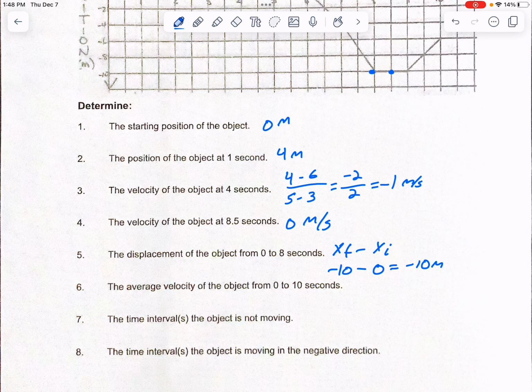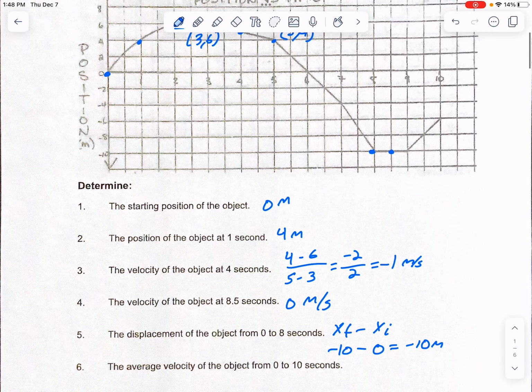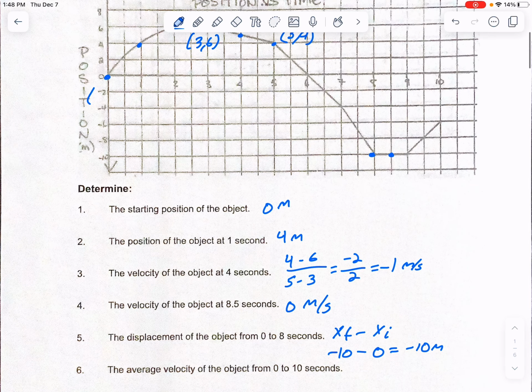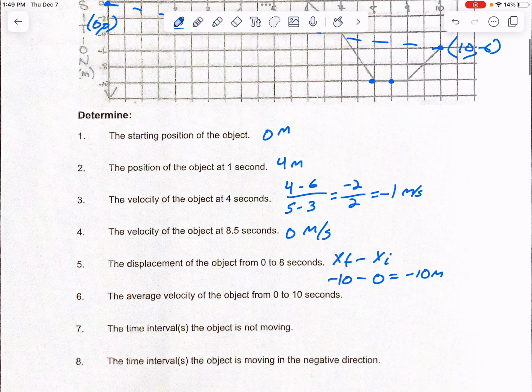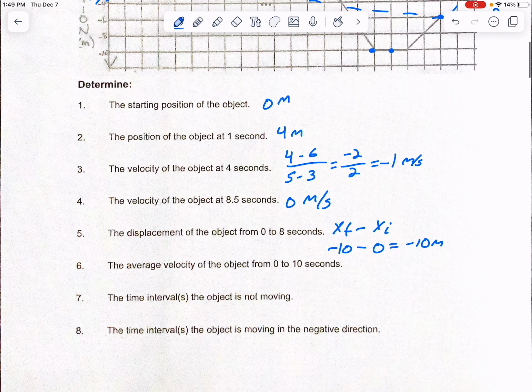Now average velocity from 0 to 10 seconds, that is where you connect the 2 points. So you have your point here, 0, 0, and at 10 seconds you're right here, which would be 10, negative 6. So you're basically finding the slope of this imaginary line that connects those 2 points. You're still going to do y2 minus y1 over x2 minus x1.